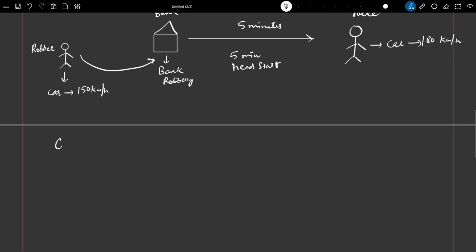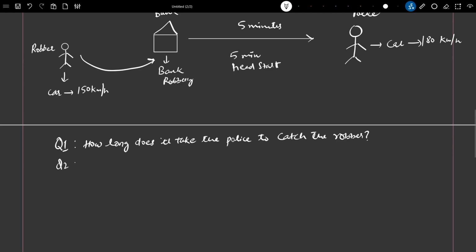The first question is, question one will be, how long does it take the police to catch the robber? Question one. And let's say we have a question two.